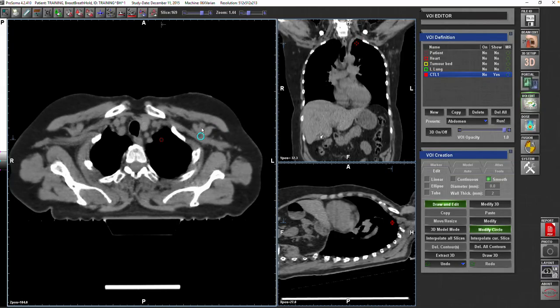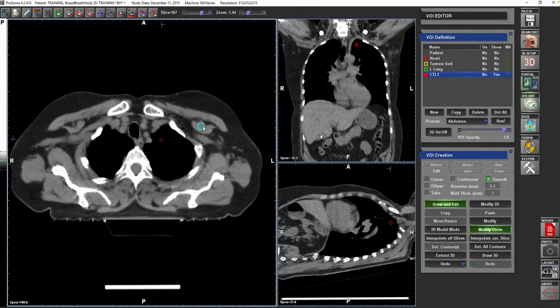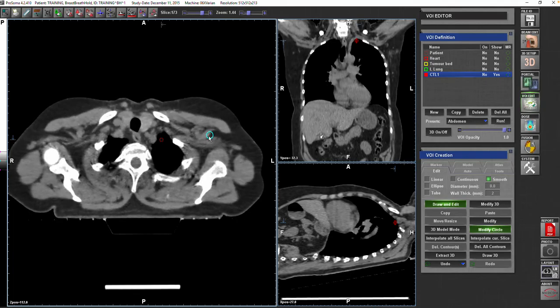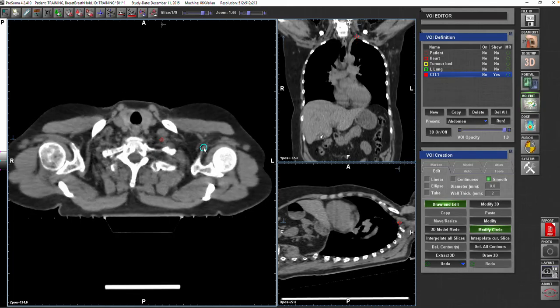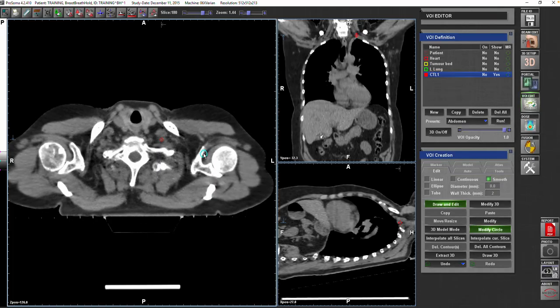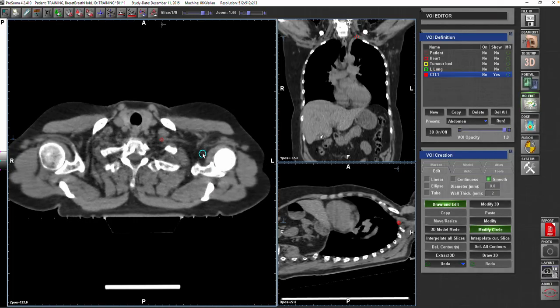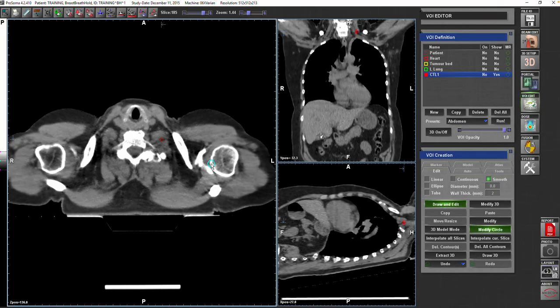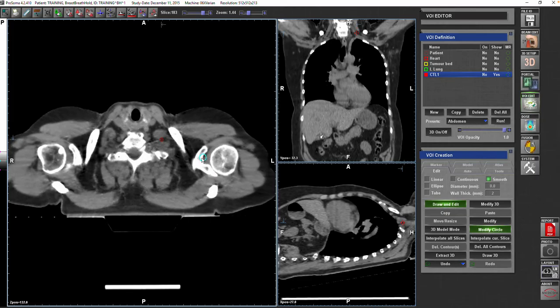Just underneath the pectoralis major muscle is the pectoralis minor muscle, and this is very important. I'd like you to know the origin of the pectoralis minor muscle. This is the coracoid process. If you go very high up in the shoulder, you'll see this process called the coracoid process.